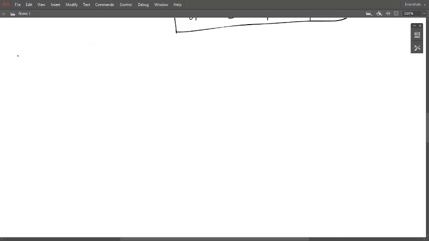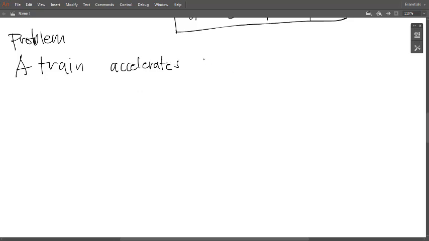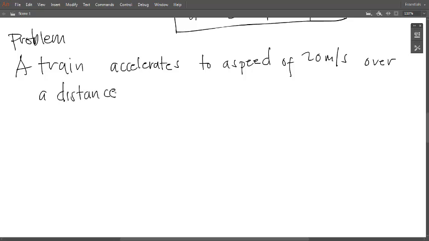So for the last problem: a train accelerates to a speed of 20 meters per second over a distance of 150 meters.